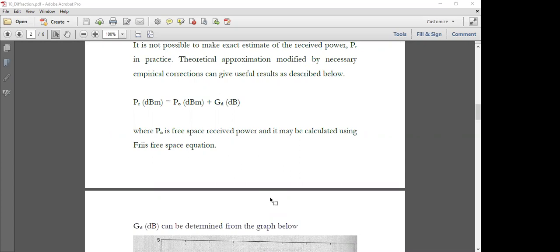This is just one of the 100 components you have in an actual non-LOS environment, where the signal is a composition of maybe 100 components.